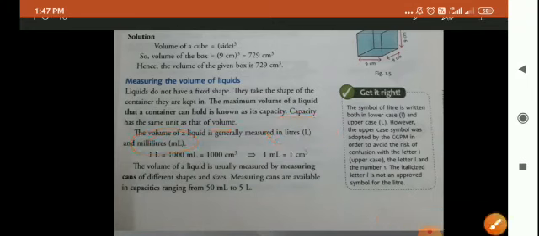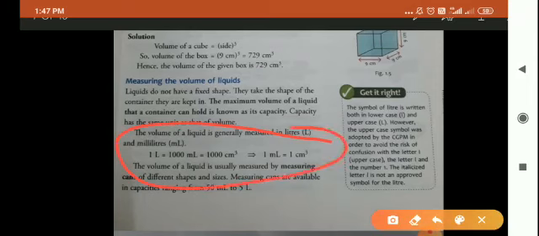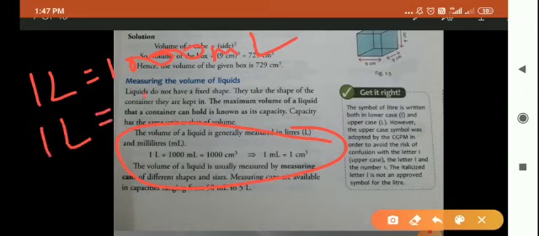Okay. Now here one relation is given, children. 1 liter is equals to 1000 ml. Yes or no? 1 liter is equals to 1000 ml. This you must be knowing. Okay. Also children, here it is given that 1 liter is equals to 1000 cubic centimeter. These two are the main relations.